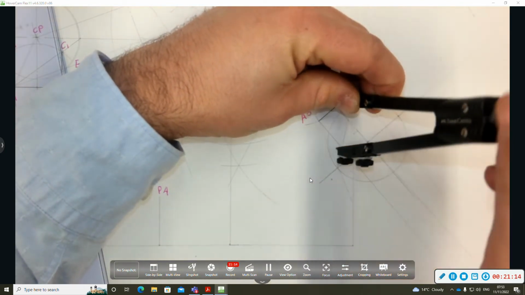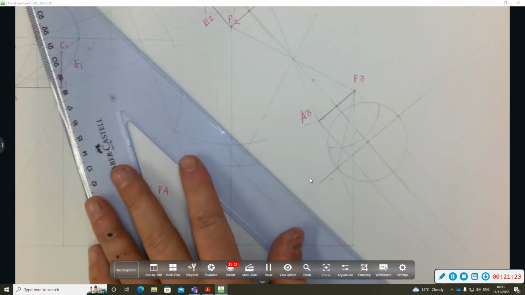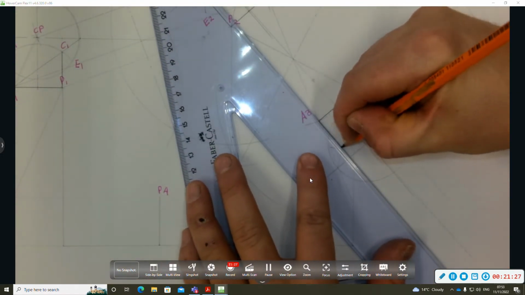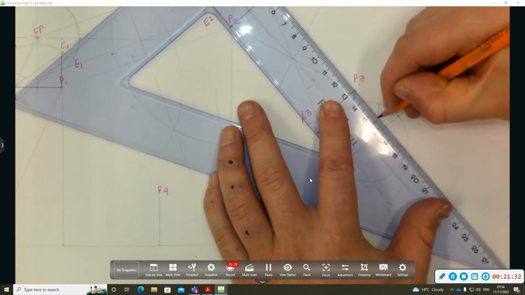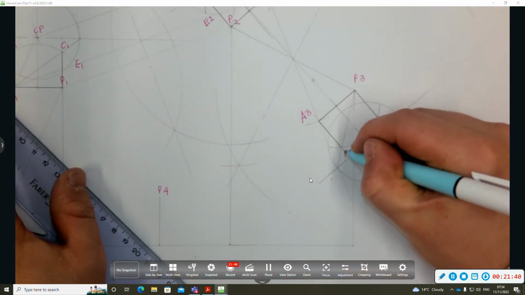And we can put our compass there at the bottom, in the middle of the base, drawing our arc, heavier lines in, and we'll label our points.